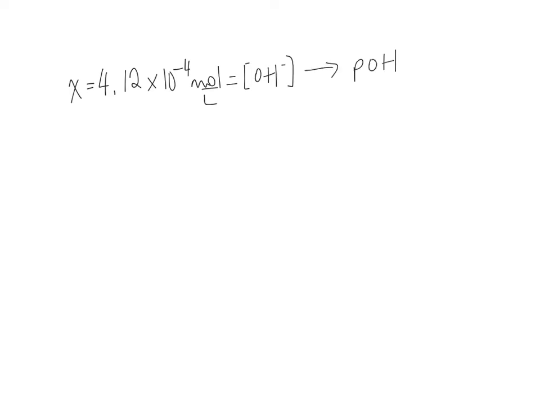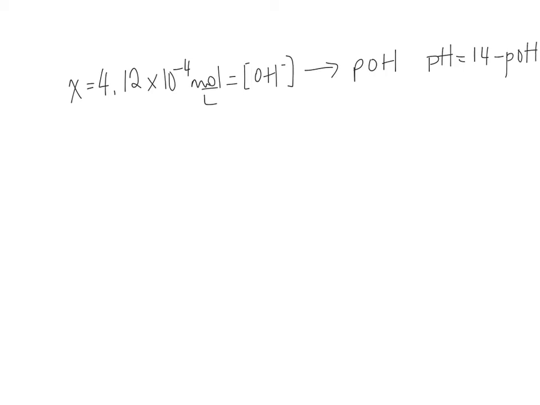So x is equal to 4.12 times 10 to the negative 4 moles per liter, and this is equal to the hydroxide ion. So at this point you've got two avenues. You can either find pOH, the negative log of that value, and then pH will be equal to 14 minus pOH.